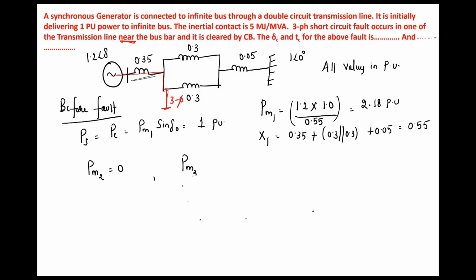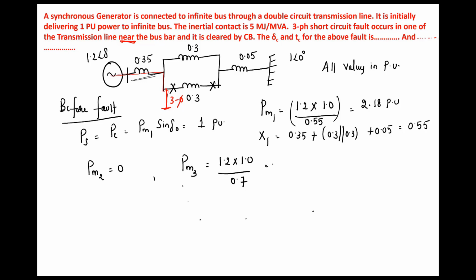PM3 is the maximum power that can be transferred after clearing fault. How do you clear the fault? The two circuit breakers will open, which will disconnect this one half of the transmission line. So PM3 is going to become again 1.2 into 1 divided by the transfer reactance, which will become 0.7.